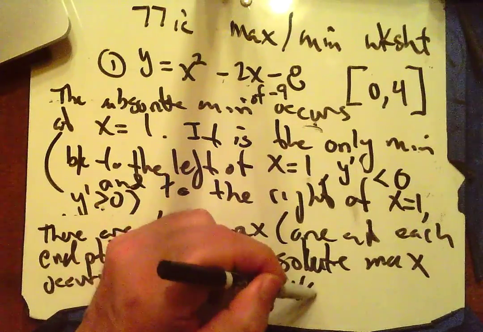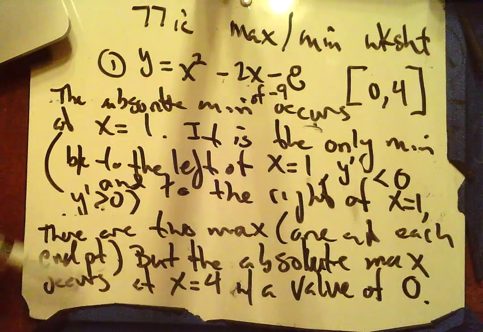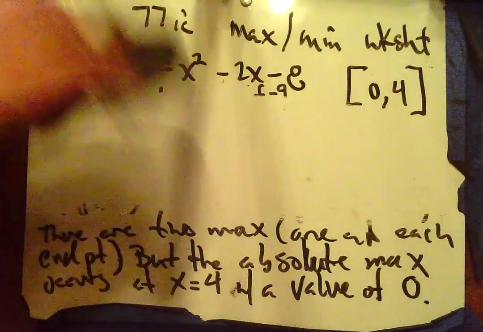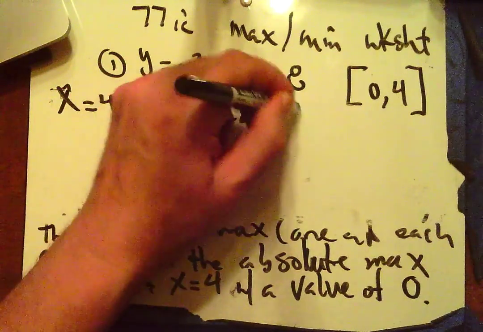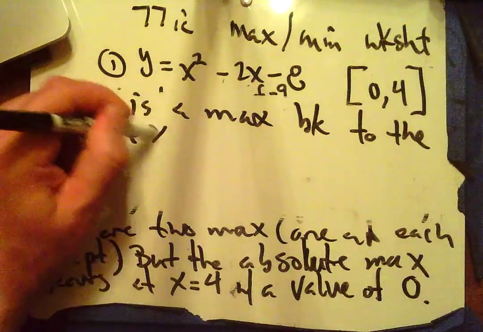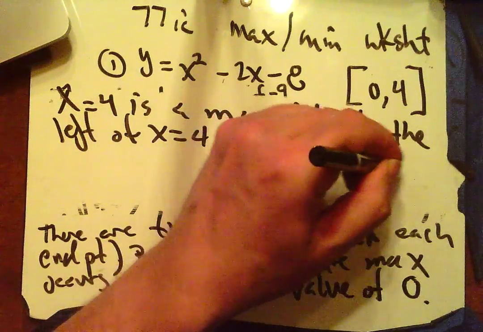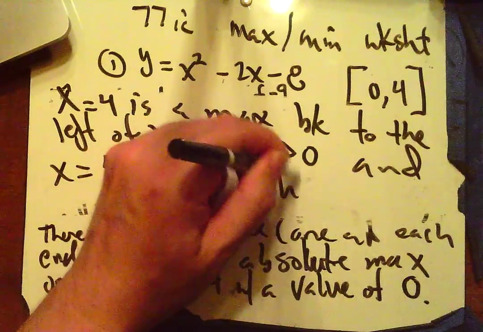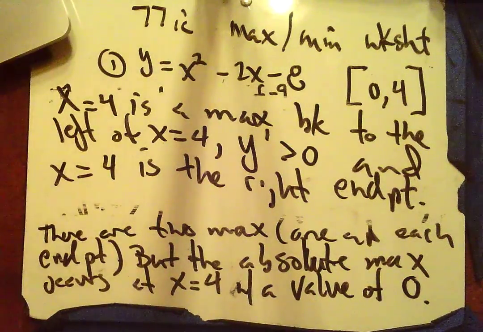With a value of 0. I do want to write a justification for that, okay. x equals 4 is a max because to the left of x equals 4, y prime is greater than 0, and x equals 4 is the right endpoint. Okay, so that's one.